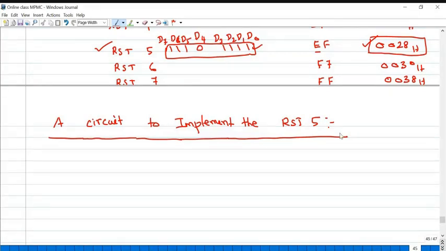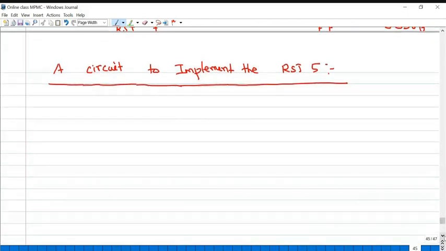Then it starts saving the next instruction address in the stack memory. And then it sends the INTA signal, interrupt acknowledgement. After that, the processor receives the RST instruction, whether it is RST 0, 1, 2, 3, 4, 5, 6, 7.